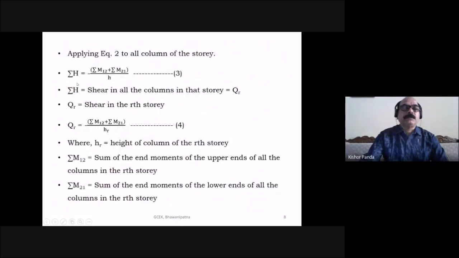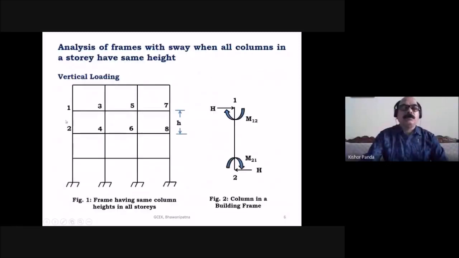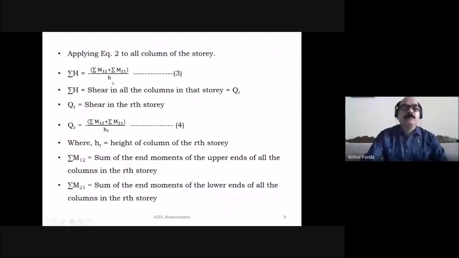Summation of H is equal to minus (summation of M12 plus summation of M21) divided by h. You have to take the summation of all columns in that story. So you get the horizontal force from this column, from this column, from this column, and from this column. Summation of horizontal force is equal to minus (summation of M12 plus summation of M21) divided by small h.